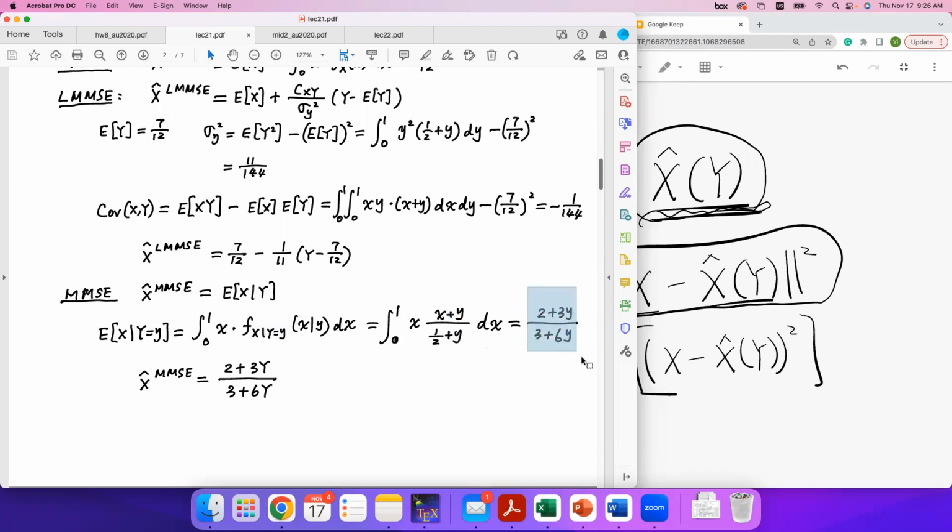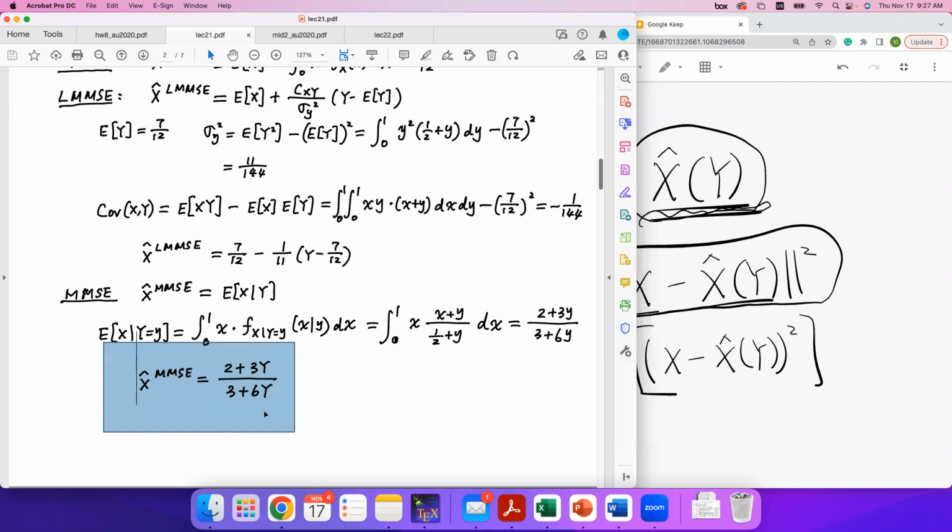So it turns out that this is the conditional mean. In general, this MMSE estimator is given as this fraction form. Here we can replace the realization of y by the random variable Y. So this is the general MMSE estimator.